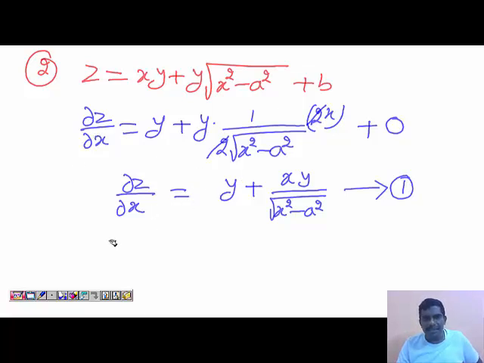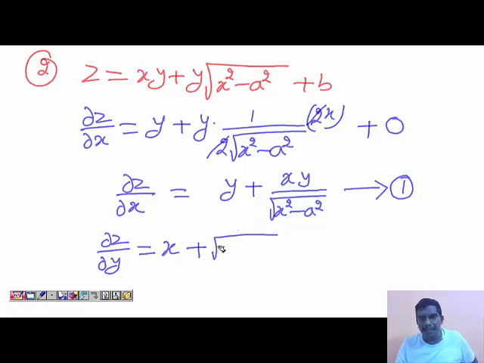Now let us differentiate with respect to y. It's dou z by dou y, which is equal to, when you are differentiating with respect to y, x is a constant and the differentiation of y is 1, plus for this, the differentiation of y is 1, but the entire thing is a constant, so we'll keep it as it is because it is a multiplication. This is square root of x square minus a square, plus this will be 0.